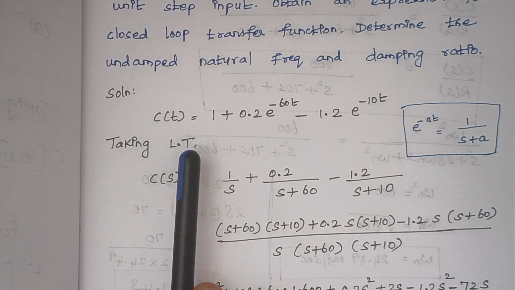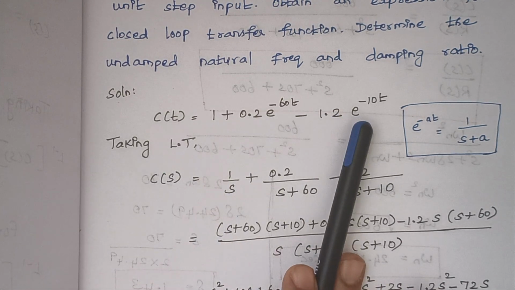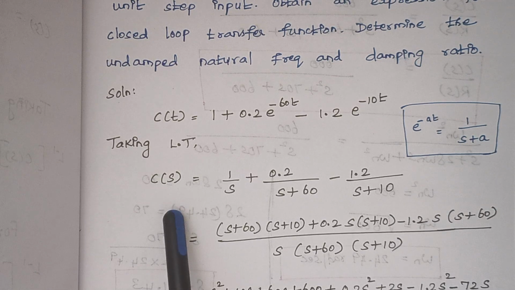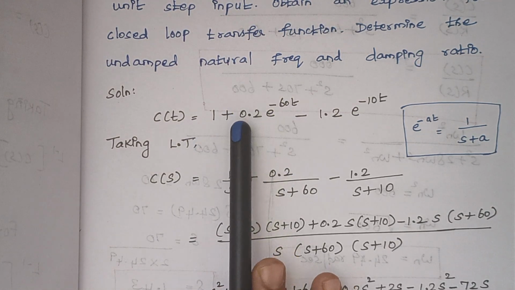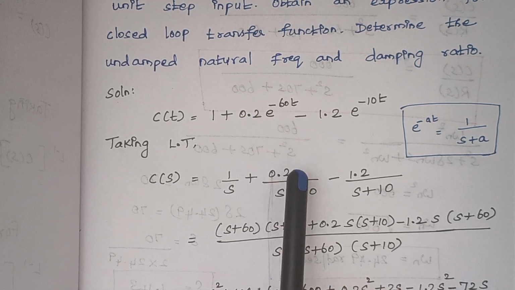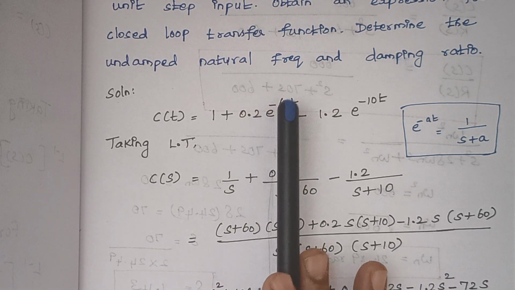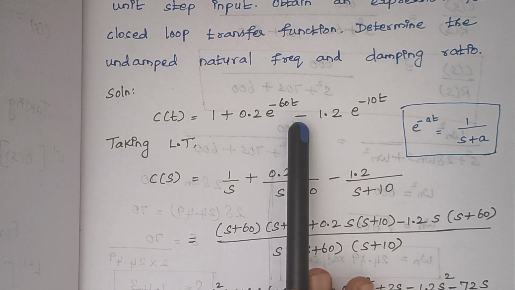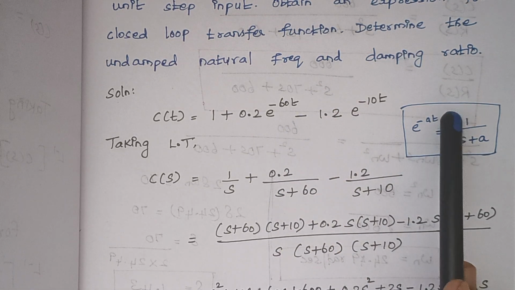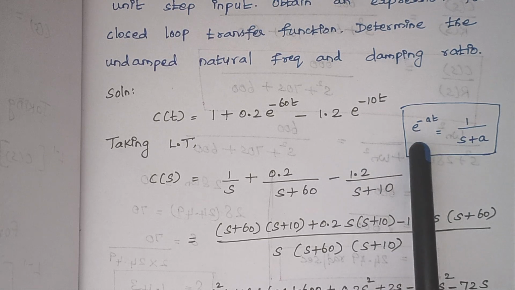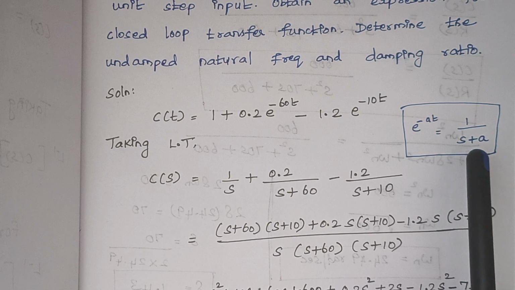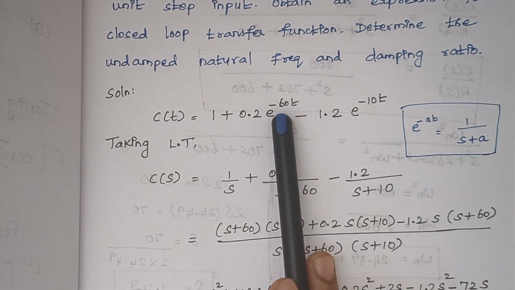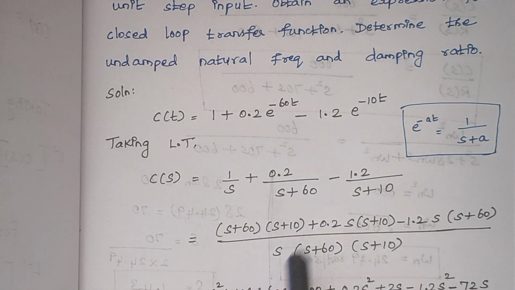When you take Laplace transformation for this expression, C of t becomes C of S, 1 becomes 1 by S, and here this 0.2 is a constant, so 0.2 remains as such, and e power minus 60t. So the basic formula is e power minus at. When you take Laplace transformation for this expression, the answer is 1 by s plus a, right? Using this formula here, e power minus 60t is written as 1 by s plus 60.